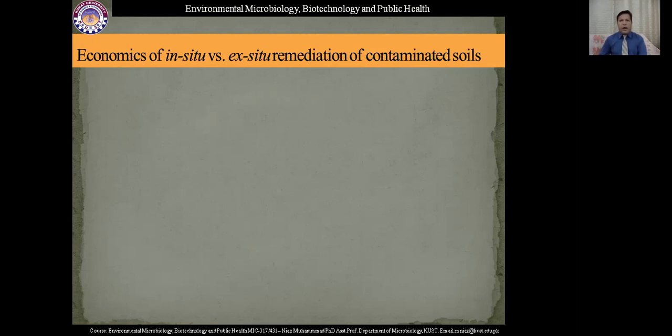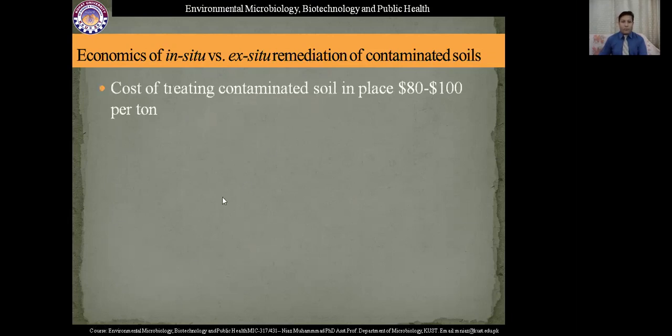So these two are the same activity, all are bioremediation, but in situ is treatment of pollutant at the site where pollution happens, and ex situ is transfer of the polluted material to the site of treatment, to another place.